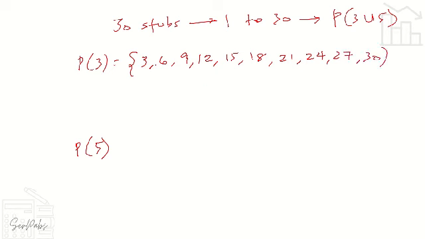Kung bibilangin natin yan, 1, 2, 3, 4, 5, 6, 7, 8, 9, 10. So, that is 10. Ang probability natin na makakabunot tayo ng multiple of 3 ay 10/30. 10 yung ating expected outcome, 30 yung possible outcome, kaya 10/30.